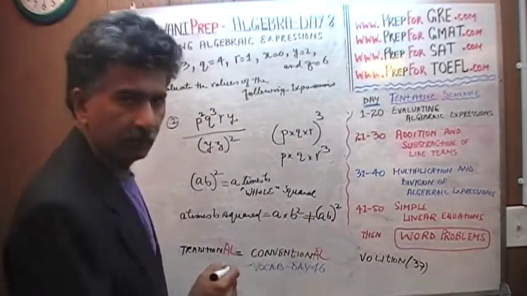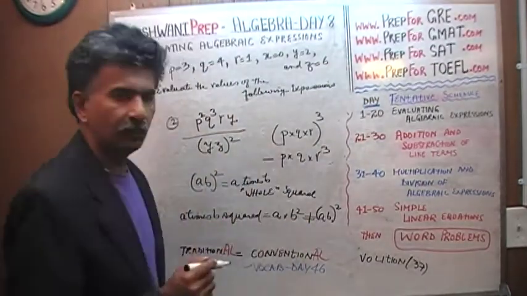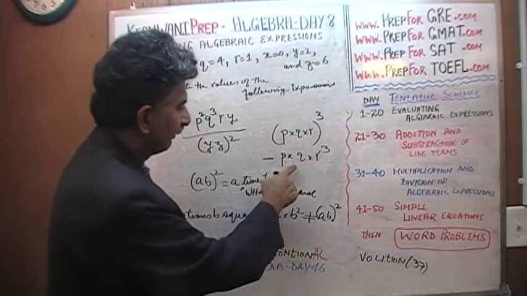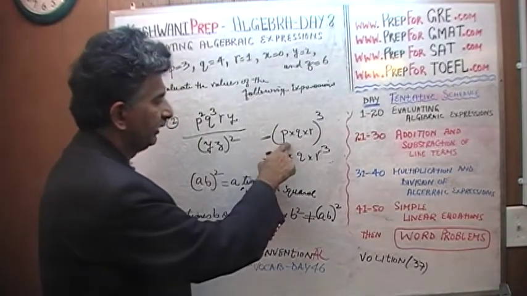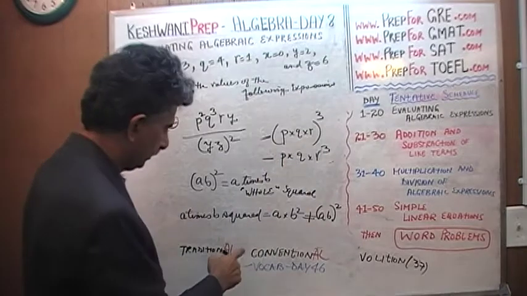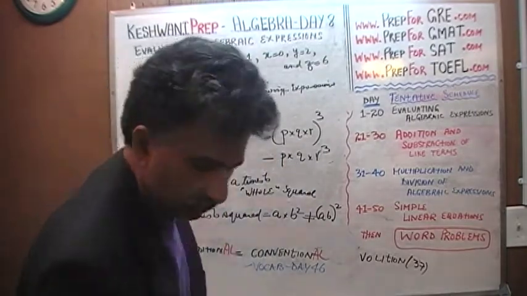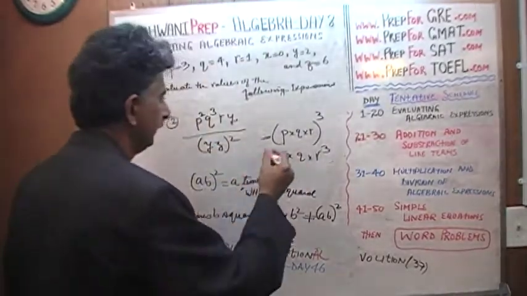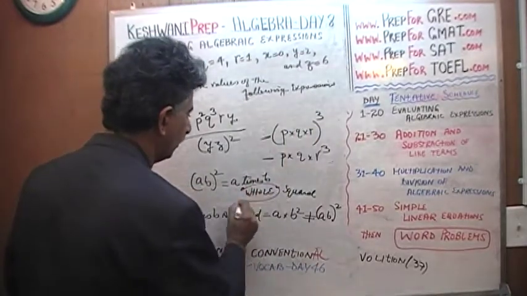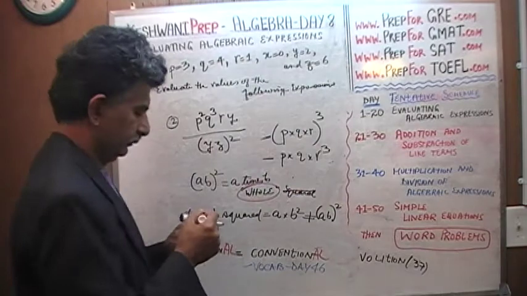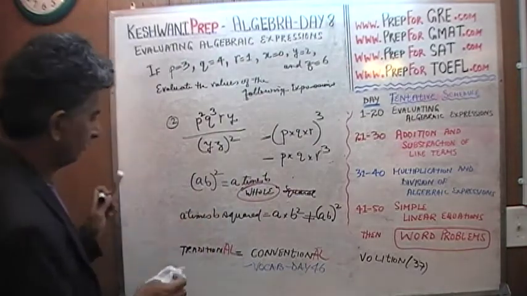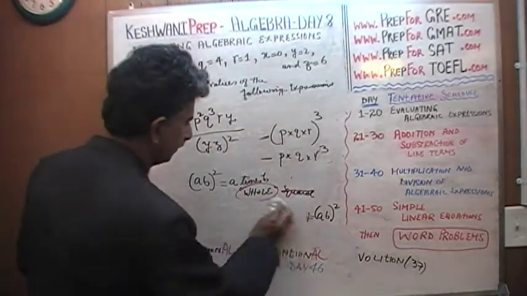One more time, the bottom one, you will read this as P times Q times R cubed. Top one here, you will read this as P times Q times R whole cubed. Whole cubed. We need to erase all of this before we can do our work.